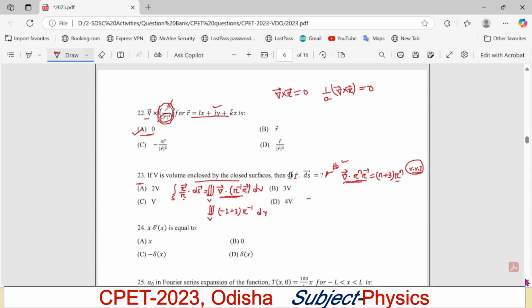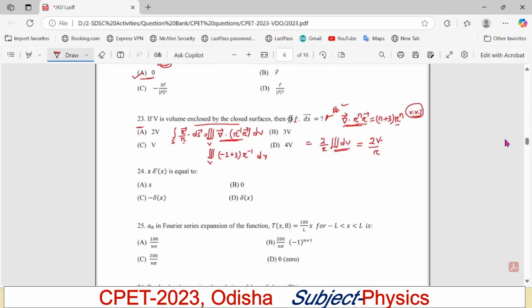Okay, is equal to, here this will be how much? Minus 1 plus 3, 2 by r, volume integration of dv. So volume integration of dv is nothing but v. So the answer will be 2v by r. So here we found 2v by r.